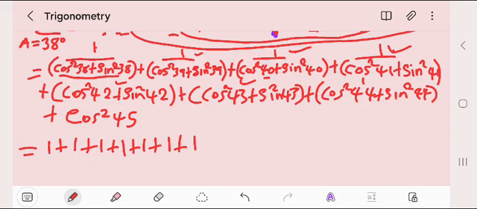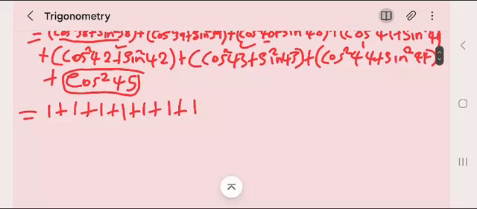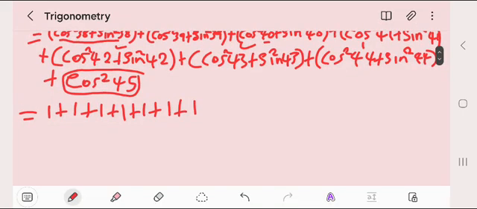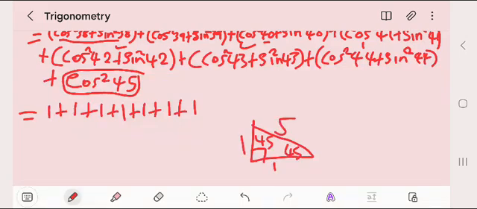Right, then here the last one is 45, which is a special angle. So 45 squared, right? It's a special angle. I hope you know your triangle, right? Isn't it your special angle? 45 here. 45, it's 1, 1, square root 2.